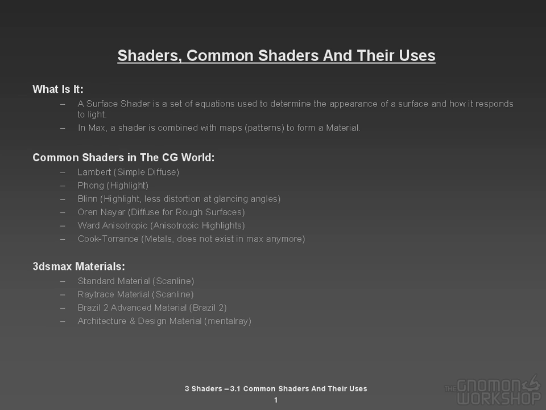Brazil 2 lets you use the Brazil 2 advanced material, as well as a few other specialty Brazil materials, and you can also use the standard material or ray trace material inside of Brazil. And in Mental Ray, the main material you'll probably be using is the architecture and design material, although once again there's also a bunch of specialty Mental Ray materials, and you can also use the standard material with Mental Ray if you want.